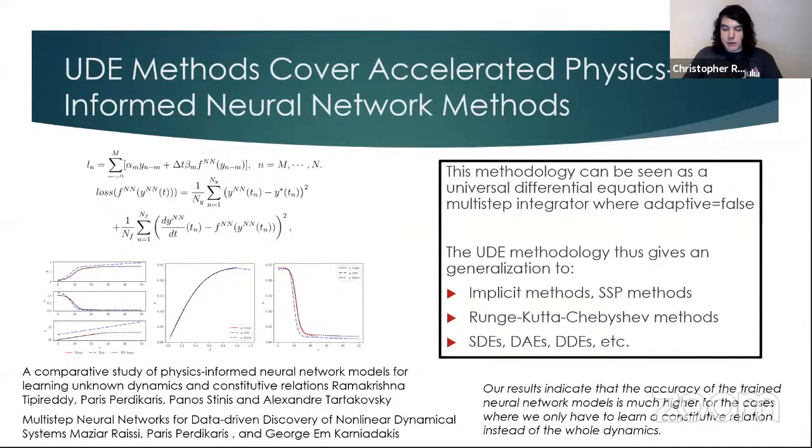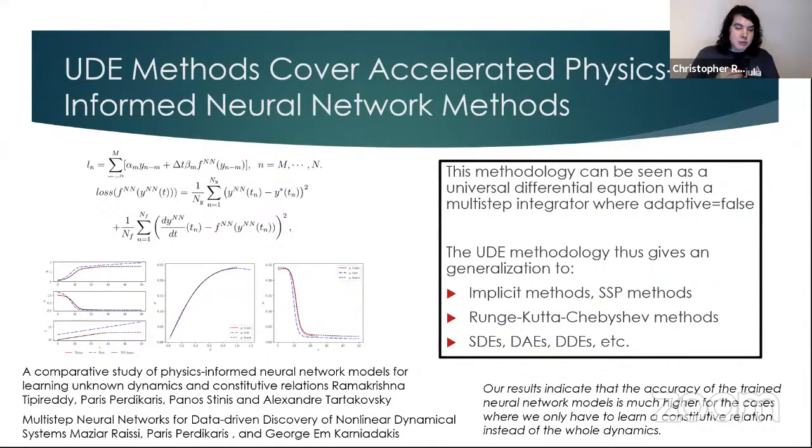So if we look at these techniques, we can write down the universal differential equation such that when we call this ODE solver on this UDE, we recover these previous methods, which authors have been able to show give you high accuracy with just small amounts of data. So we're able to recover a lot of these other types of methodologies by utilizing these techniques, and then we extend them as well, right?